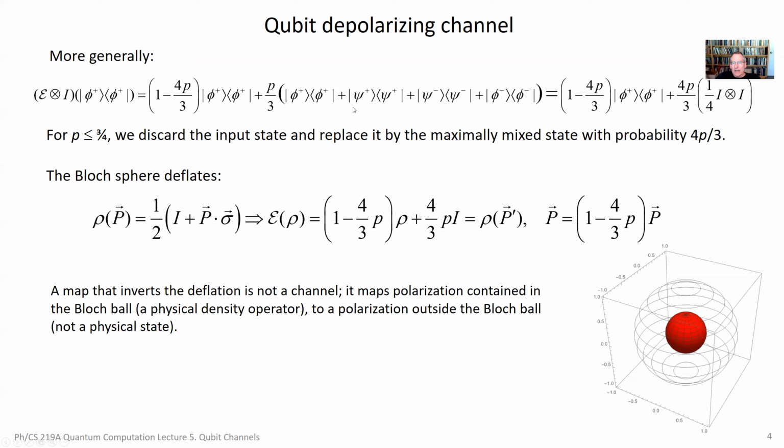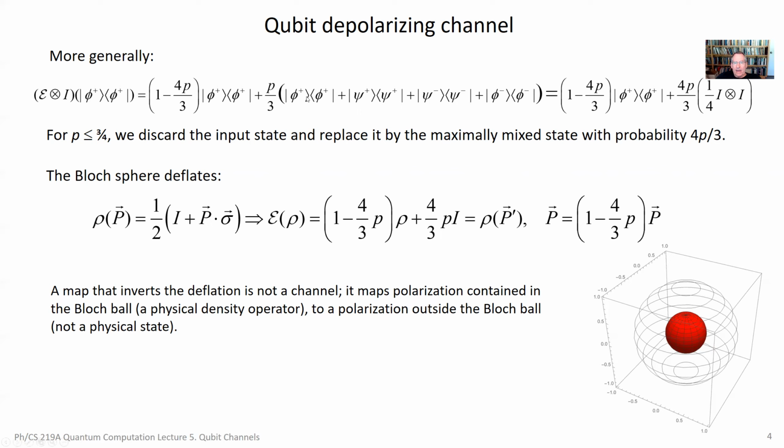But now I'm going to add to the term we had before, which had projection onto psi plus, onto psi minus, and onto phi minus, projection onto phi plus. And I want to do that because I know that's just the identity operator acting on that 2-qubit system.